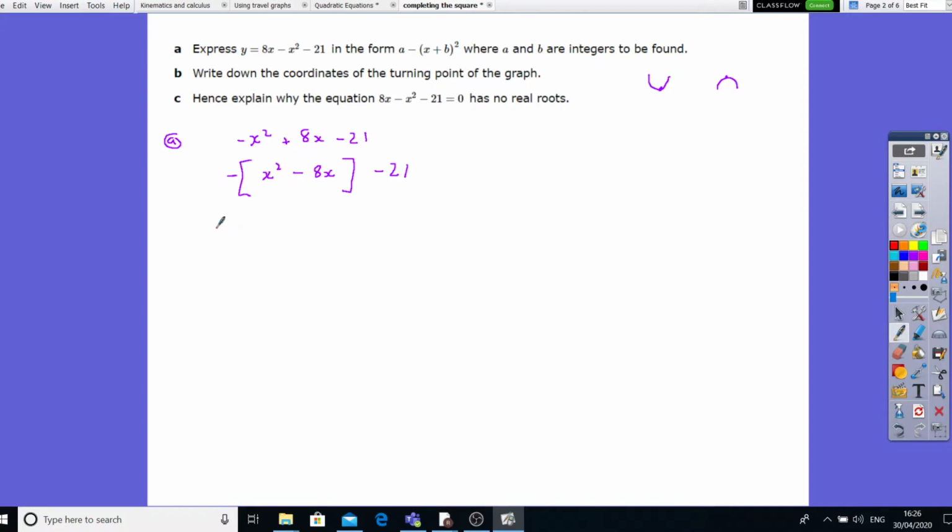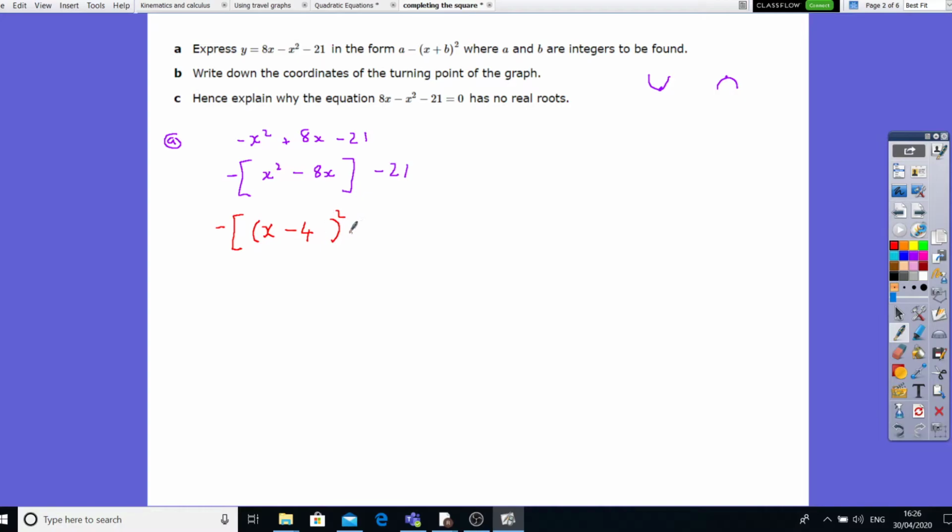So keep the minus out. Like we said before, we get a bracket with a square on it, and then we're going to complete this. First of all, x always goes in this corner, and half of minus 8, since the coefficient of x is minus 8, is minus 4.